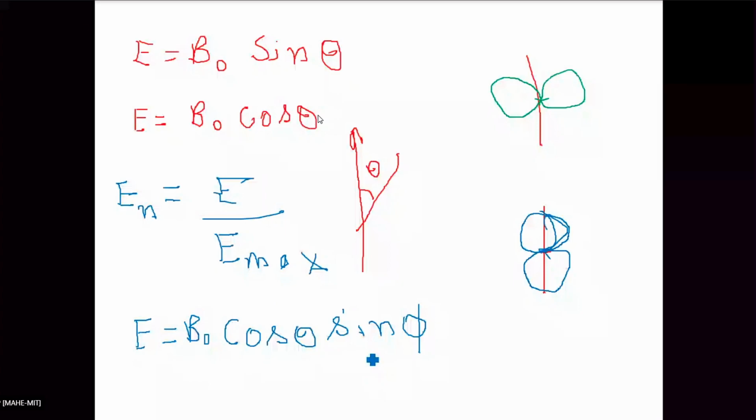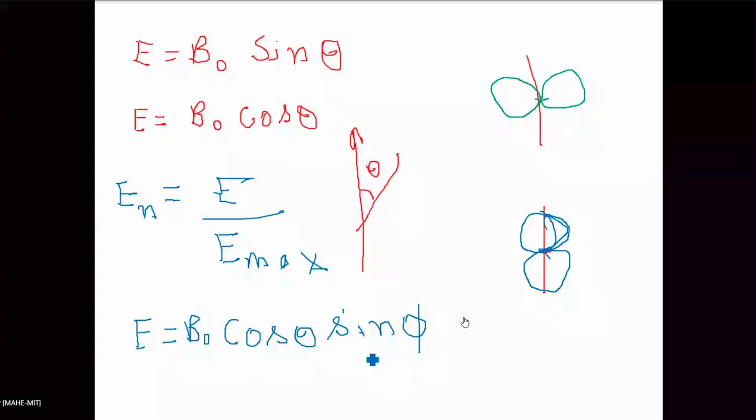Sir, isn't it a conical structure? I'm not discussing that now. I'm just saying how to plot it in different planes. I'm not discussing the three-dimensional plot.